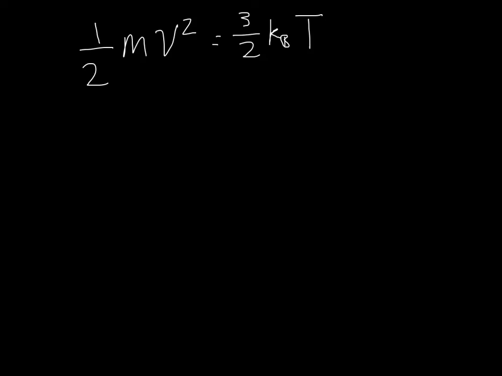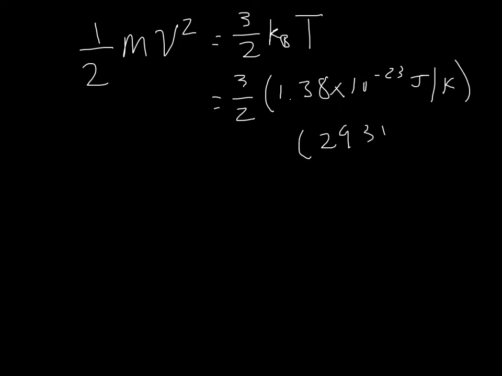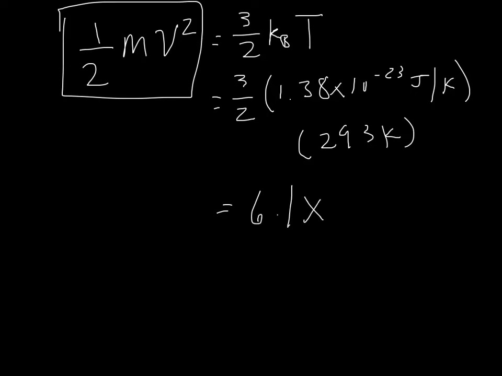So 1/2 mv squared equals 3/2 times 1.38 times 10 to the negative 23rd joules per Kelvin, remember that's a constant, times 293 Kelvin. We get that the average kinetic energy per molecule is 6.1 times 10 to the negative 21 joules.